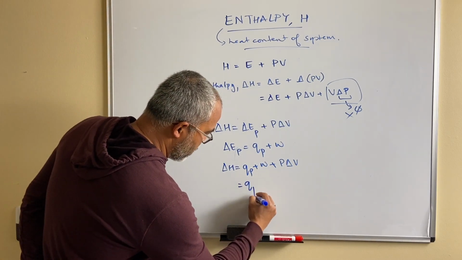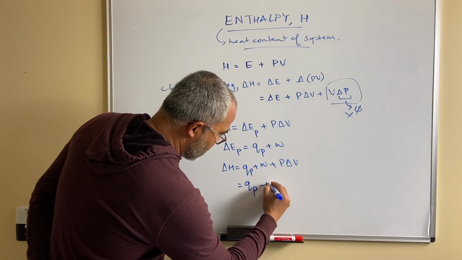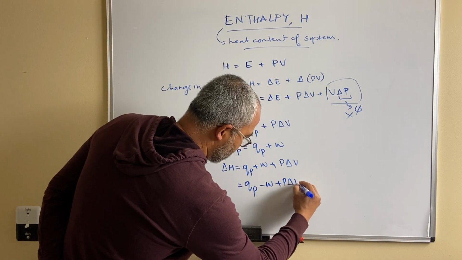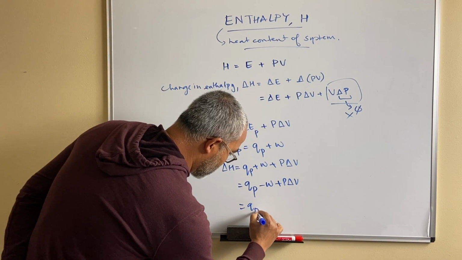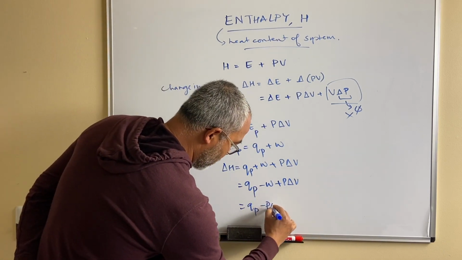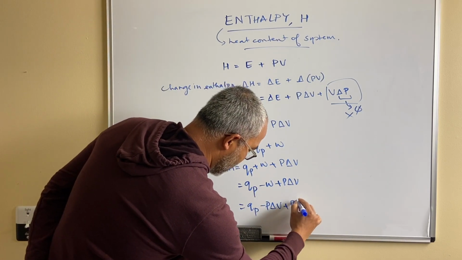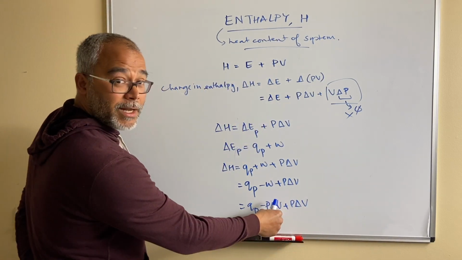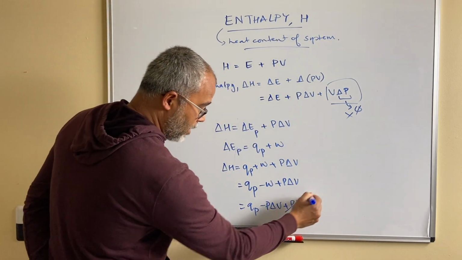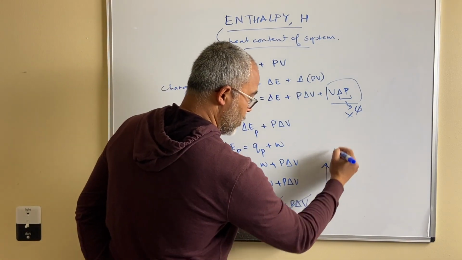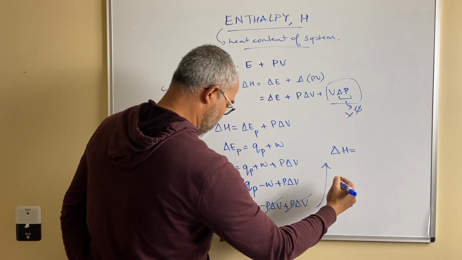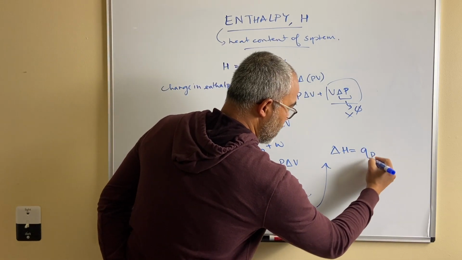So we get QP minus W plus P delta V, and then we replace W with P delta V, because that's what work is equal to. Notice we have a negative P delta V and a positive P delta V, and both of those go away. So now we have delta H equals QP.